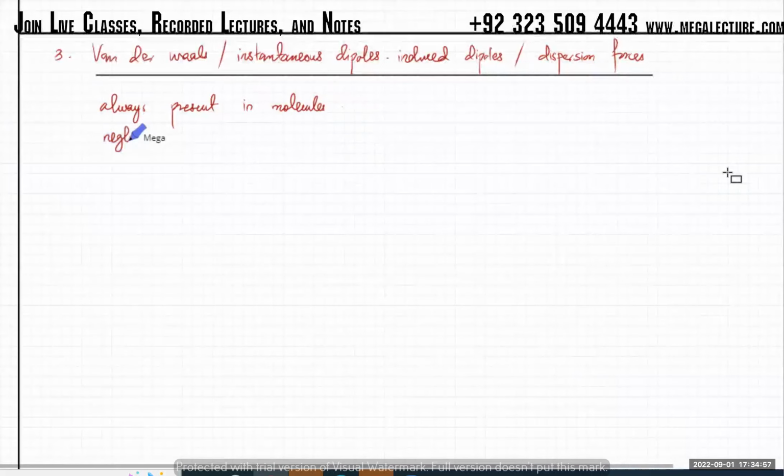So it's a negligible force in smaller molecules. हाँ, अगर bigger molecule होगा, then it's going to be much stronger. तो छोटे मॉलिक्यूल्स में आप इनको इग्नोर ही करते हैं कि, I mean, you don't really talk much about van der Waals forces. Bigger molecules, lot stronger.